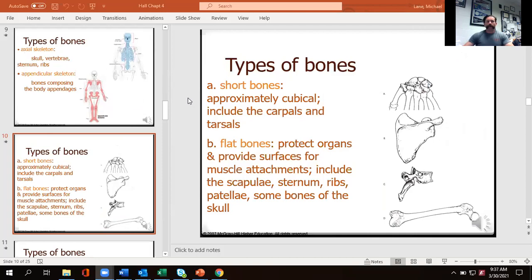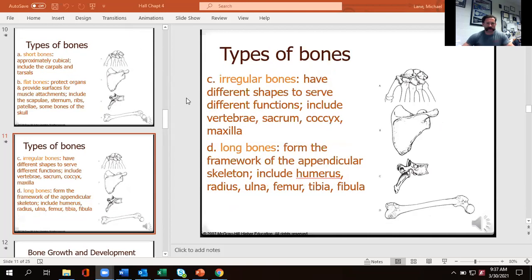From there, we are going to have 4 different classifications. We've got short bones, which are like our carpals and our tarsals. Our flat bones, which obviously have flatter components to them. So our sternum, our scapula, our ribs are examples of it, and our patella, and even a little bit some of the bones of our skull.